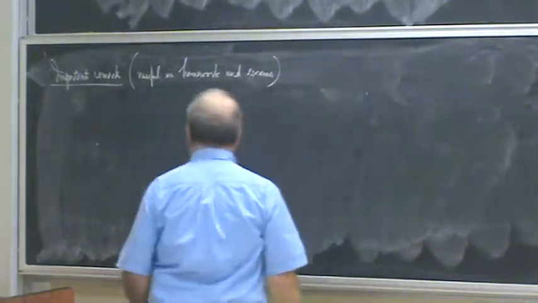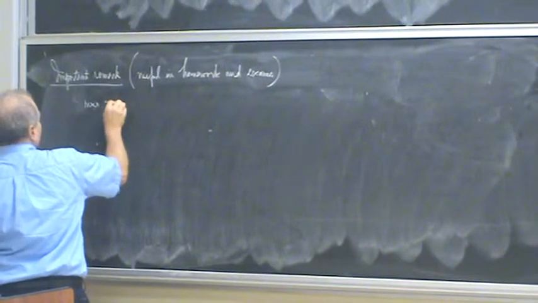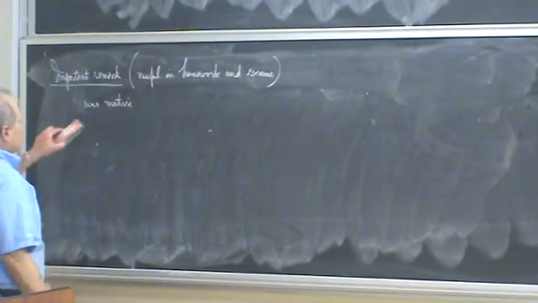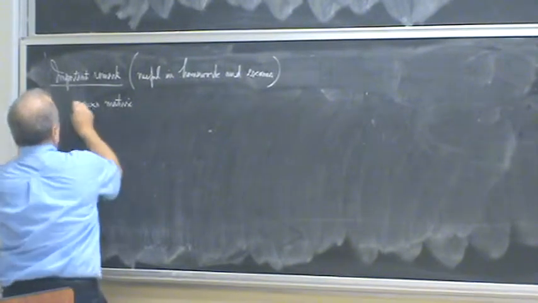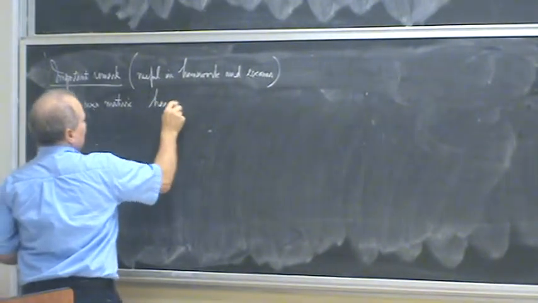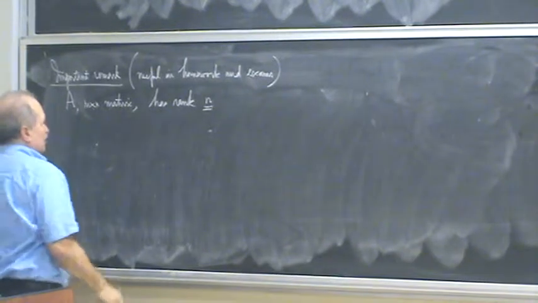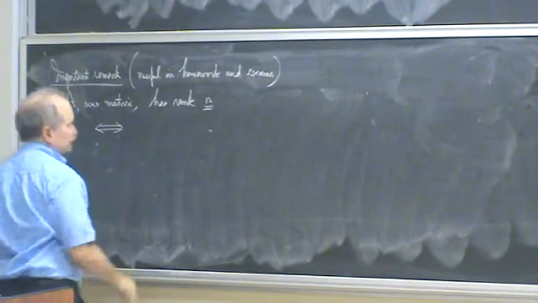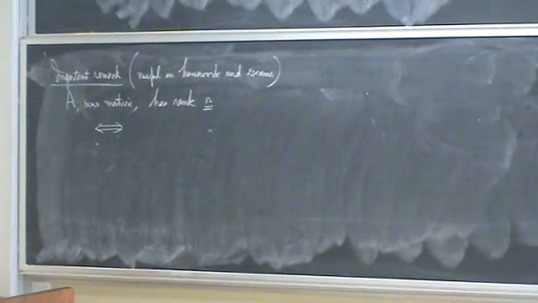If you have an m by n matrix, so you could state it for square matrices, but I'm going to state it more generally. A, an m by n matrix, has rank n if and only if what? Let's see if we can put it together from what we've said.